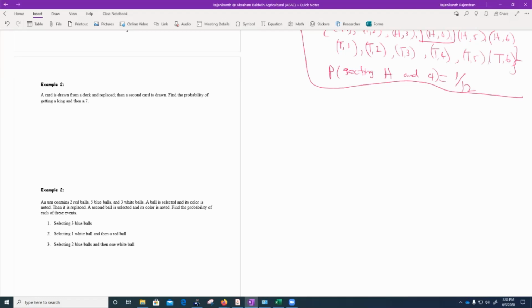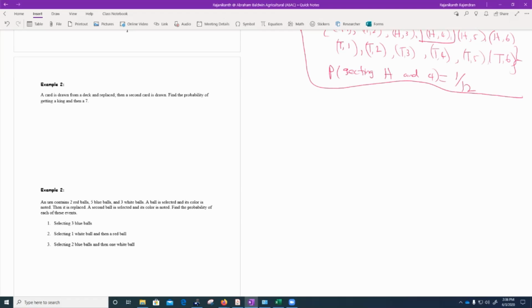So you see now you will have two different probabilities. So when you replace the card after drawing, the second time you draw a card, it is going to be an independent event. But if you are not replacing, keeping it out, then it is going to be a dependent event.